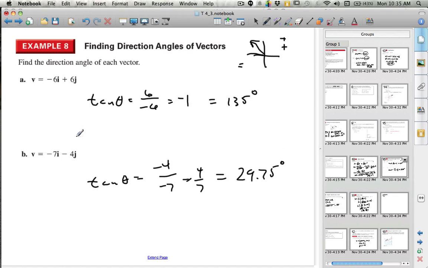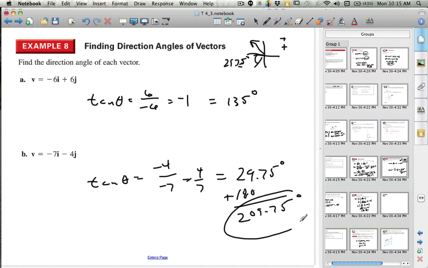Now if we think about where sine and cosine are negative, that's down here as we mentioned. So this 29.75 degrees is the reference angle, so it's going to be plus 180, 209.75 degrees.